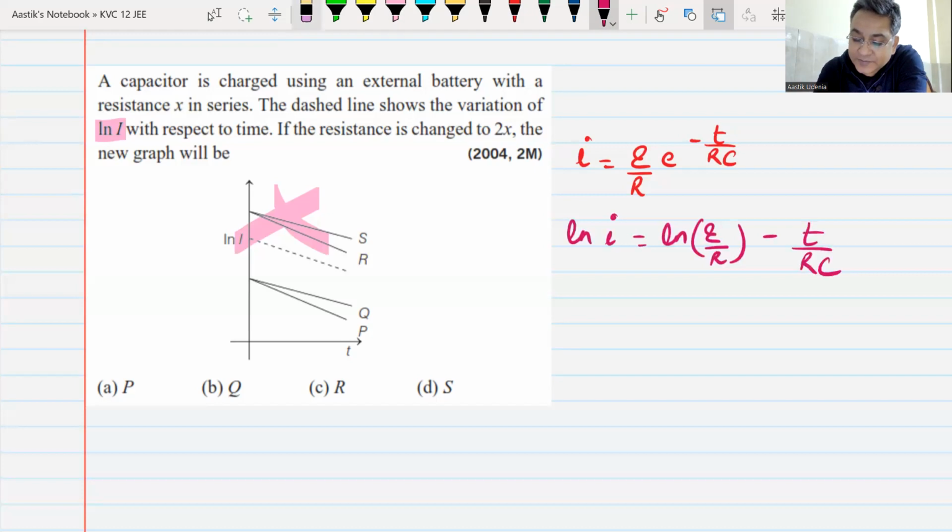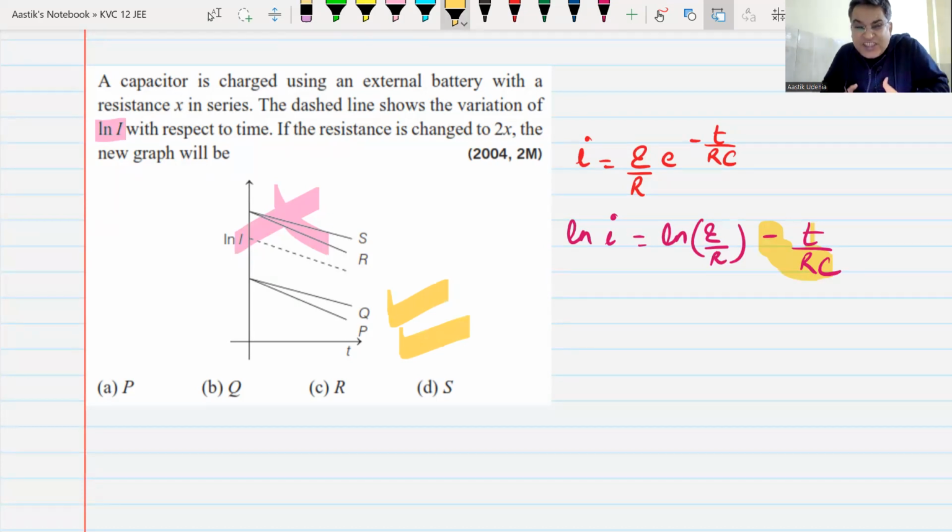This is y equals mx plus c. This minus 1 by RC is the slope of the graph. Minus meaning it is negative. Both the graphs have negative slopes, so both options may be correct. We just have to see which has the larger or smaller slope compared to the original one.